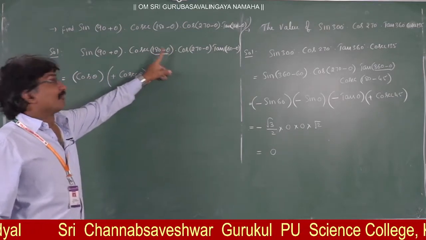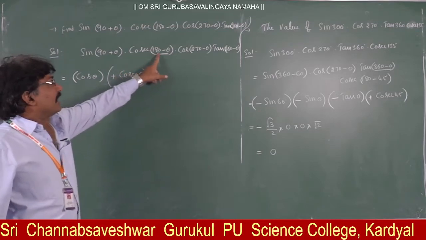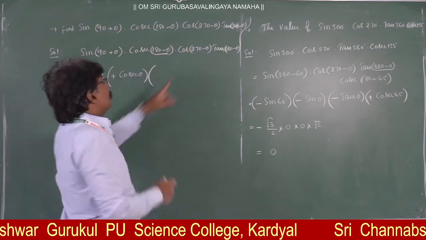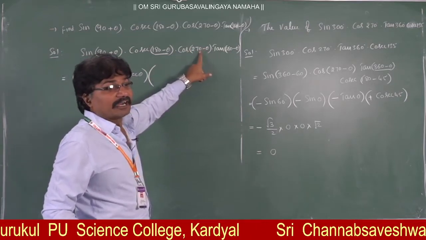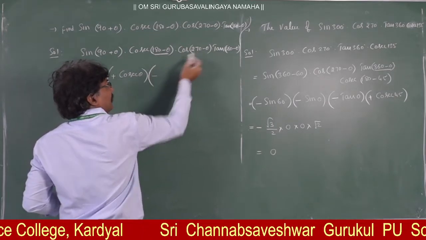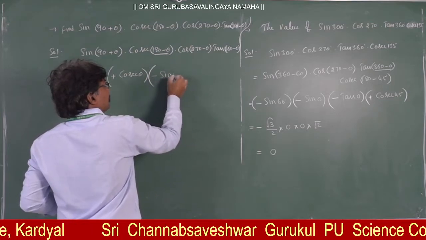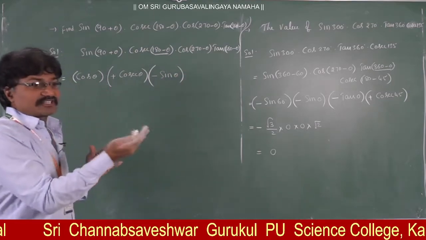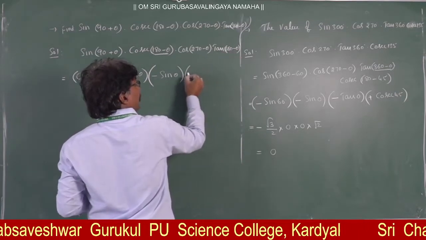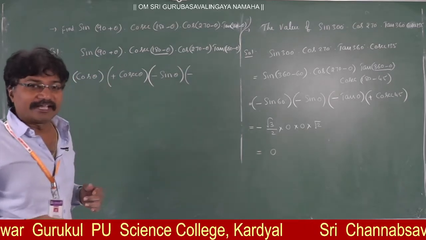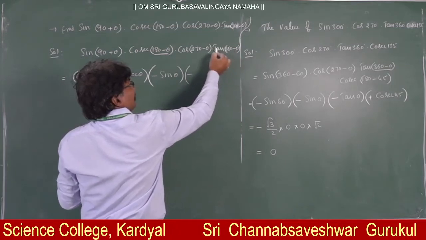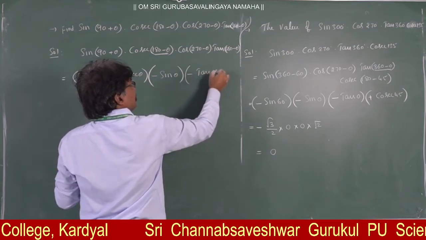Second quadrant, cosecant positive. 180 minus or 180 plus, cosecant no changes, cosecant theta only. 270 minus theta, third quadrant, cos negative. 270 minus or 270 plus, cos will be changed to sin theta. 360 minus theta, fourth quadrant, tan negative. Tan 360 minus or 360 plus, tan no changes, tan theta.